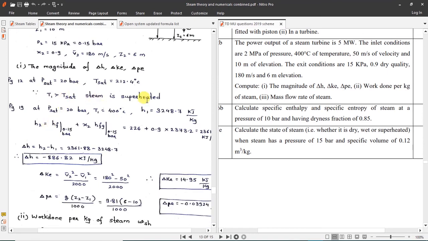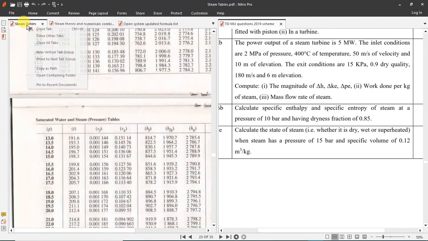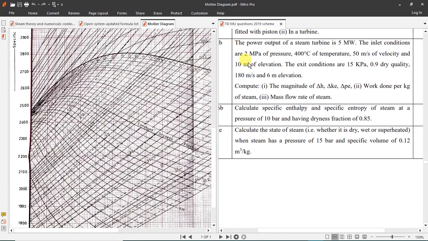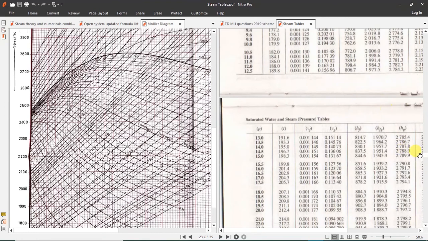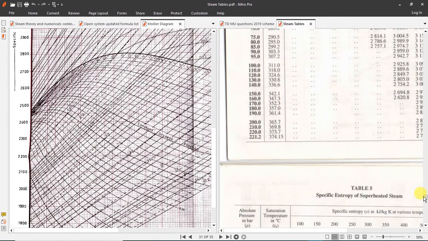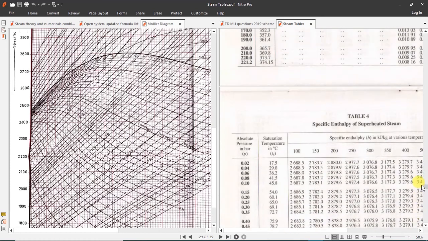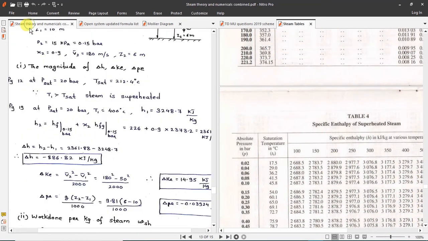So what we will do now is open the steam table and see the superheated steam table enthalpies. So we'll go to the superheated tables. Okay, this is the entropy table. We have to go to the enthalpy table. This is the enthalpy table. Now what is the pressure given? 20 bar.